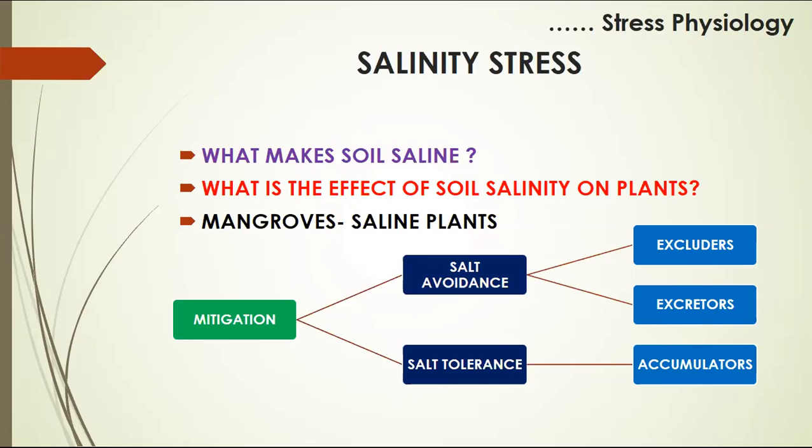Obviously, the estuarine regions receiving a large amount of marine water through the tides get enriched in sodium chloride. And most of the plants cannot survive in a soil with sodium chloride more than 200 millimolar. In fact, you must have come across the classification of plants into glycophytes and halophytes.